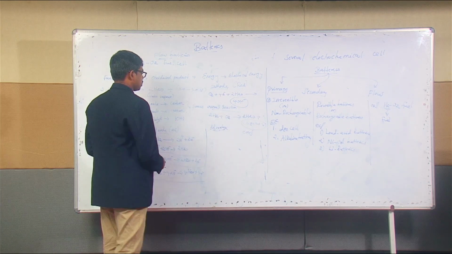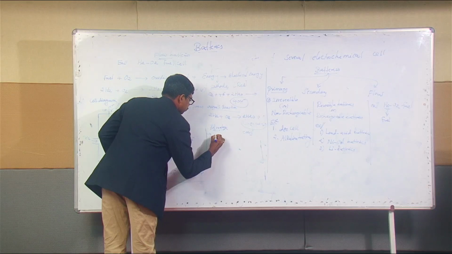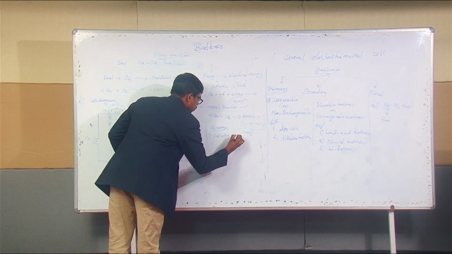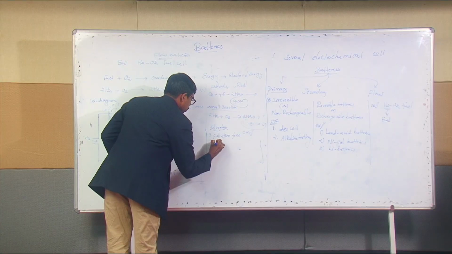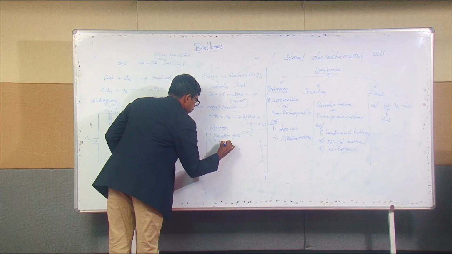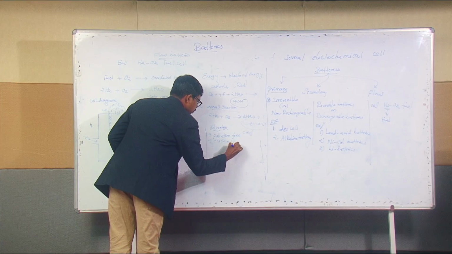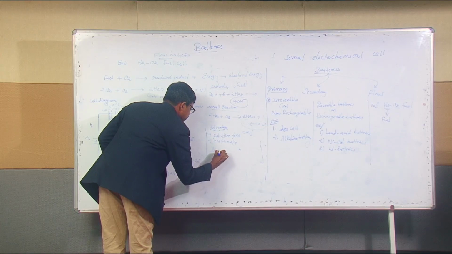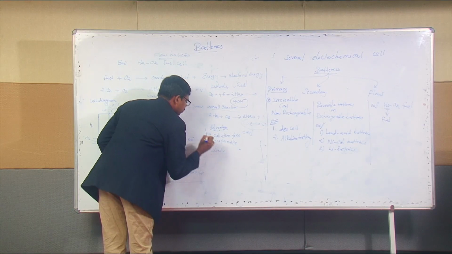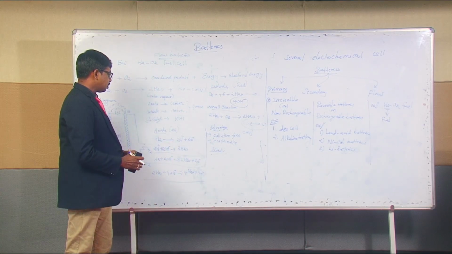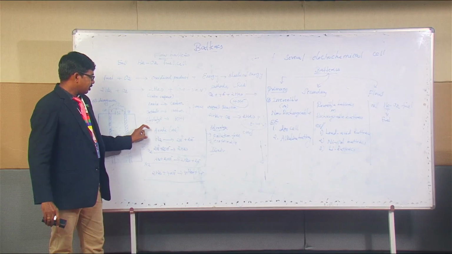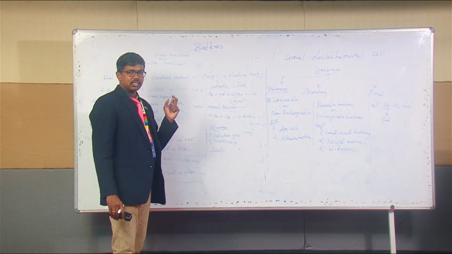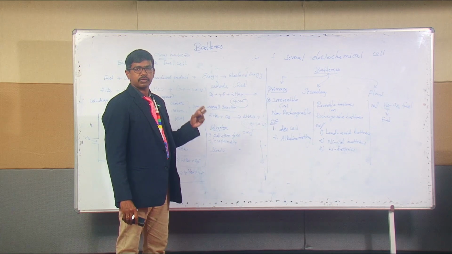Some advantages: pollution free, eco friendly, etc. Then there are some disadvantages. What is that? In this case, H2 is used as a fuel. H2 is very difficult to store and maintain under pressure conditions.